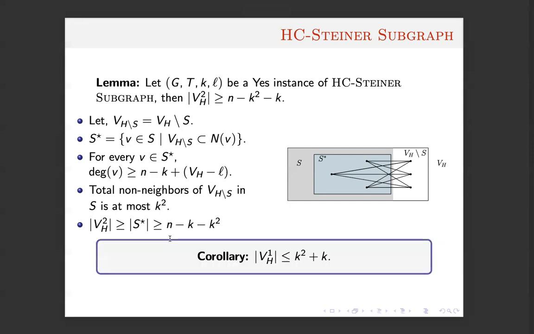From this, we have the following corollary: the cardinality of V1H is bounded by k square plus k, which is some function f of k.